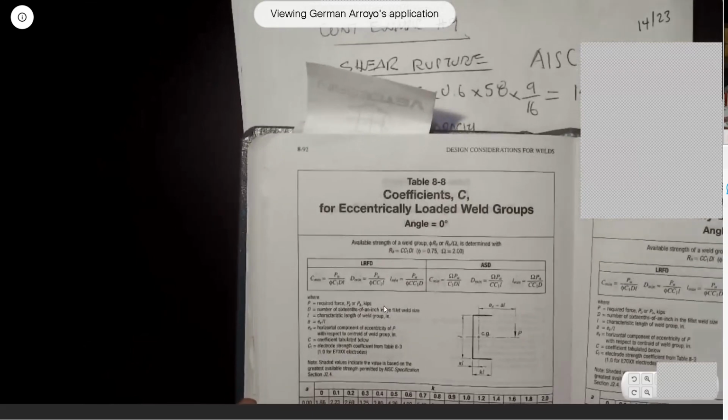When you look at this C minimum, it's going to come from the table. This is the Pu, that's also phi Pn. So Pu is going to be equal to C minimum times phi C1 D L. I'm going to explain this formula later, but this is what we have to use on this.